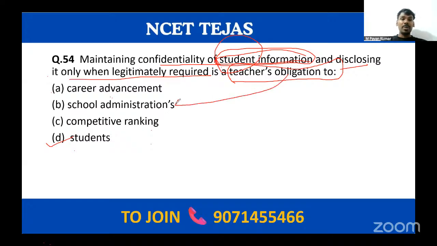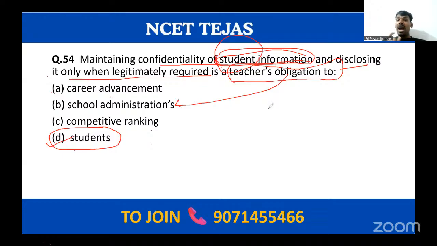That is why many of you might have said option B. But the first obligation comes to students because it is their personal information. Remember this. So when a teacher maintains the confidentiality of students' information and discloses it only when it is required, it is the teacher's obligation to students.